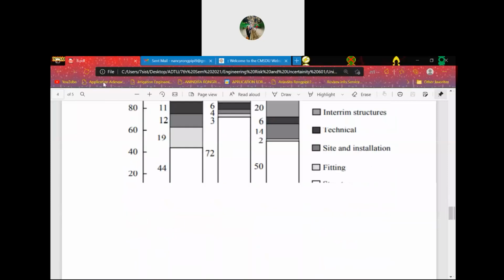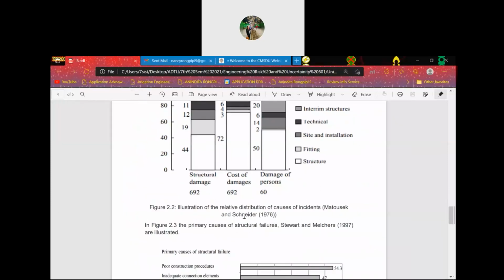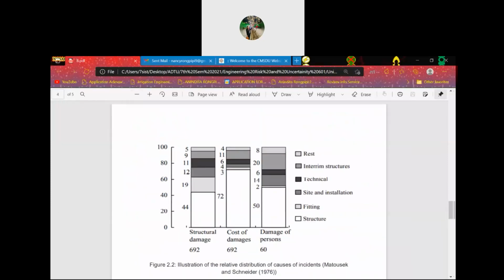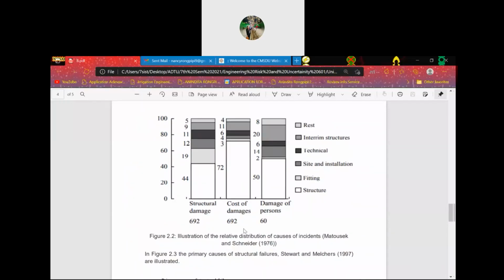This figure illustrates the relative distribution of the different causes of accidents as reviewed by Matosek and Skinder: structure, fitting, site and installation, technical, interim structure, and the rest, that is the remaining part, showing structural damage, cause of damages, and damage of persons.